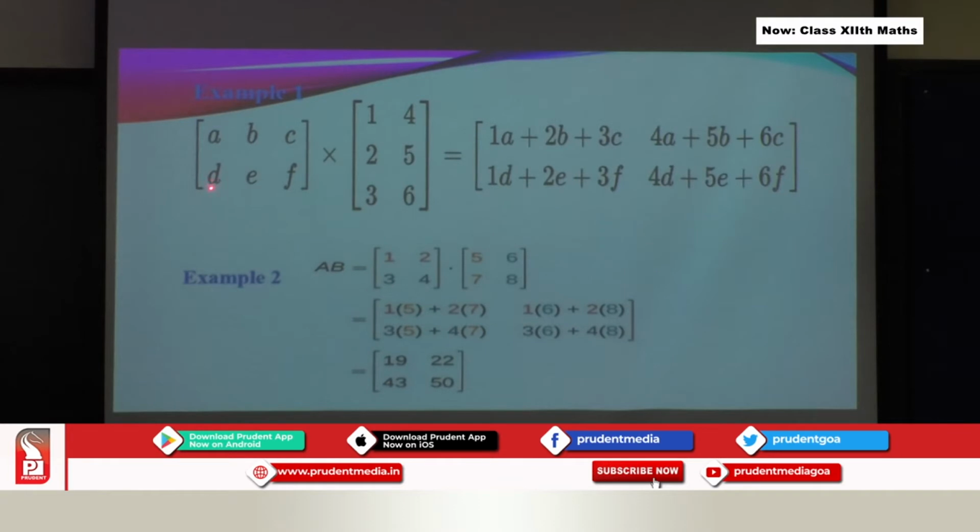So it is 4D, right? Then you get 5E, then you are getting 6F, and you are adding it all. Okay, so this is how you get the entries. Let us look at the numbers here. Look at this, A into B. By the way, both are square matrix.